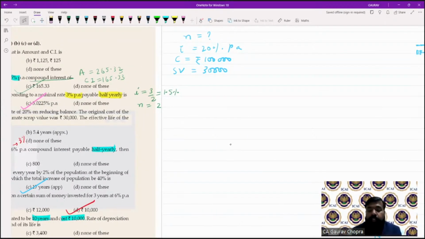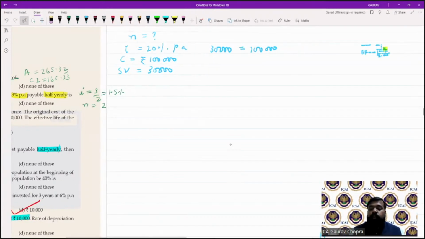So apply the formula. 30,000 is equal to 1 lakh into 1 minus i, so 0.8 to the power of n. So 30,000 upon 1 lakh becomes 0.3, equal to 0.8 to the power of n. Now you have to put the value of n and see when we are getting 0.3.